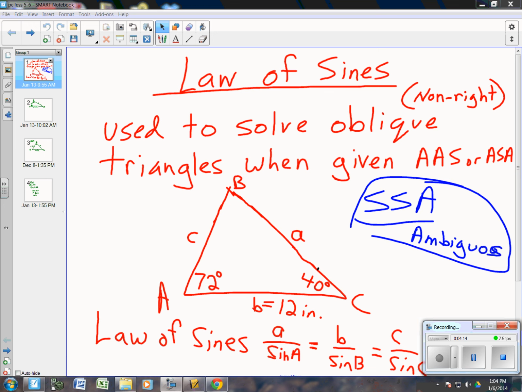On that worksheet that we're going to be turning in at the end of class today, the one that we did last time, if you would have had the law of sines when I gave you that worksheet, you could have done the last two problems a lot faster. You know how you had to use right triangle trigonometry? We had to draw on that extra line, and you had to do like 4 or 5 calculations of SOHCAHTOA before you got the answer.